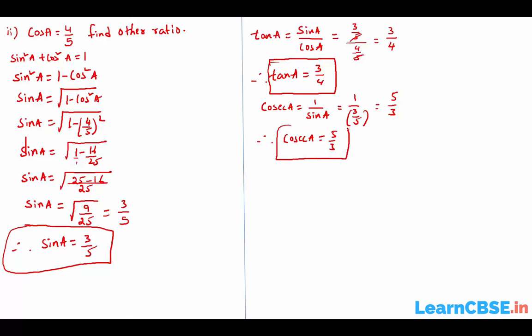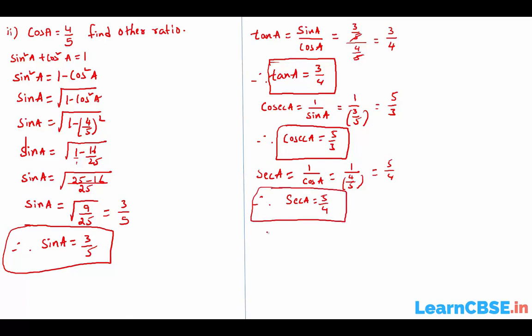Then the reciprocal of cos, which is secant, secant A equals 1 by cos A, that means 1 divided by 4 by 5, which gives 5 by 4. Therefore secant A equals 5 by 4.